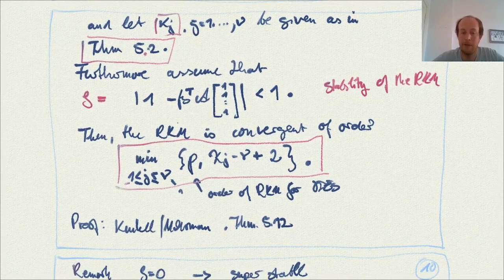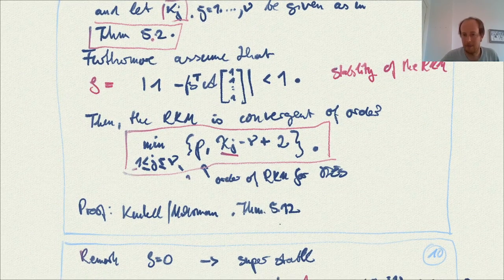But if all this is fulfilled, then if we apply the RKM to the general DAE, there is convergence of the order minimum over j ranging up to the index of the pair, and here's the order for the ODEs, and this is the error that comes from the DAE part, and here you see this kappa j again.